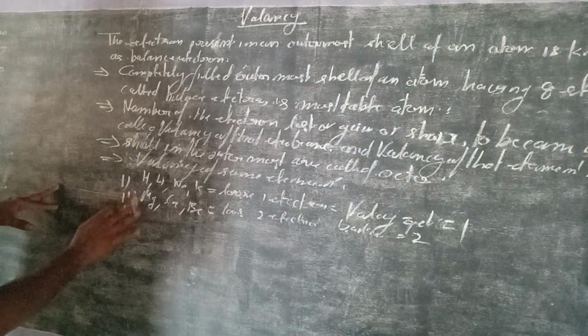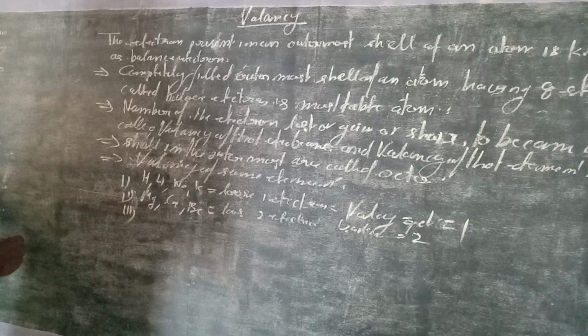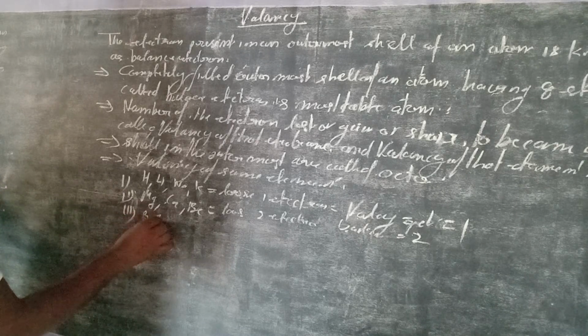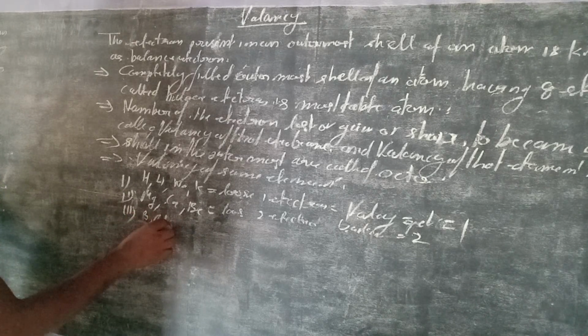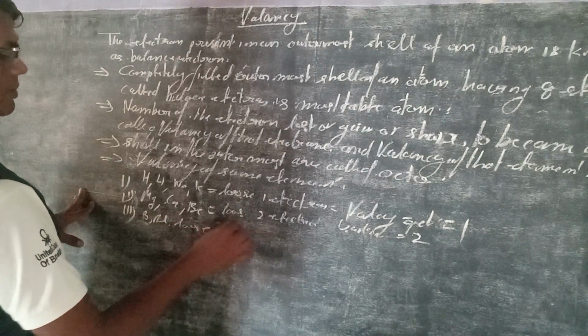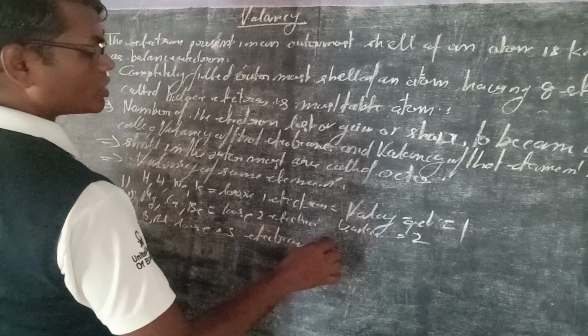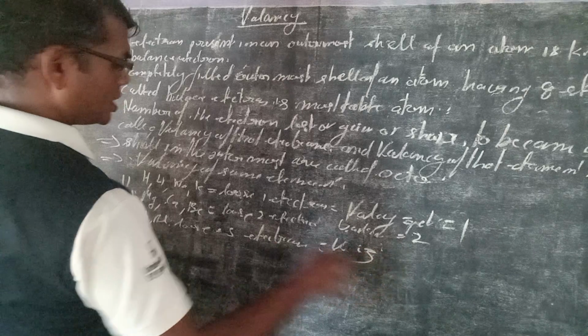Third, boron and aluminium lose 3 electrons, so valency will be 3.